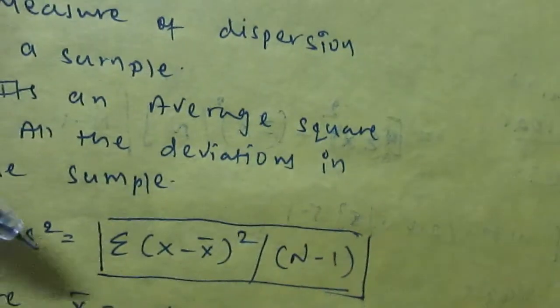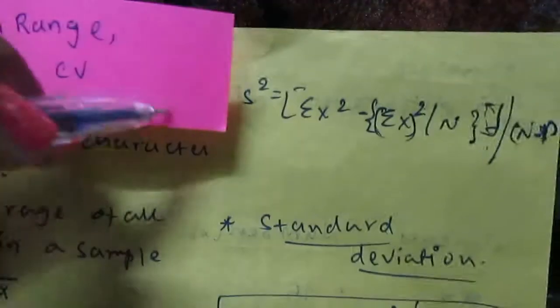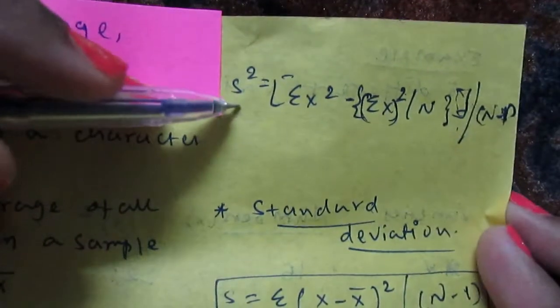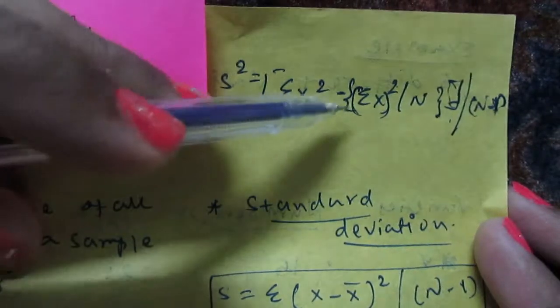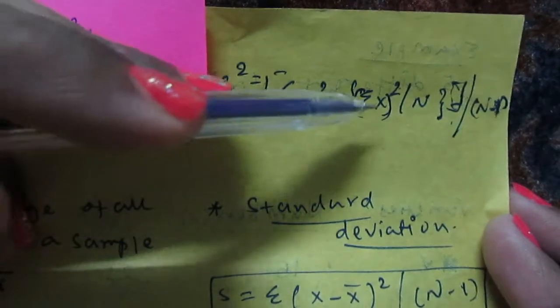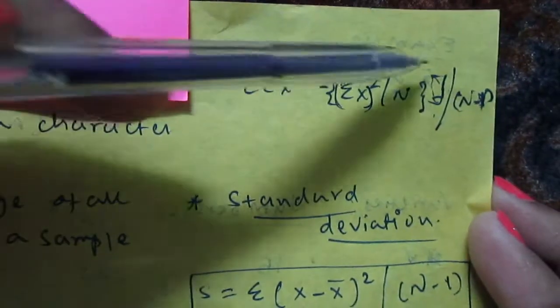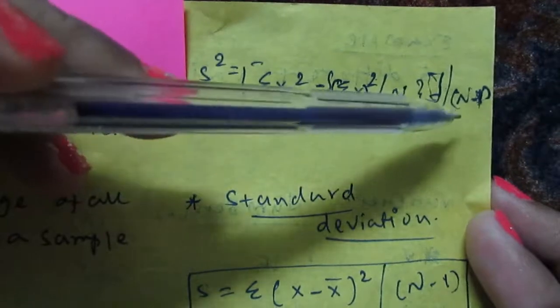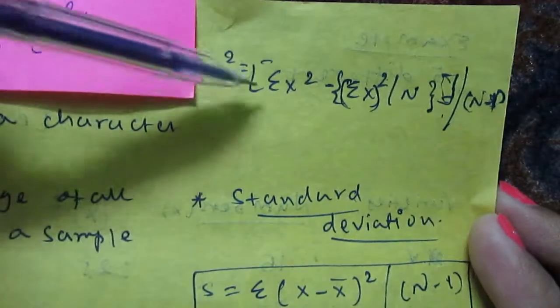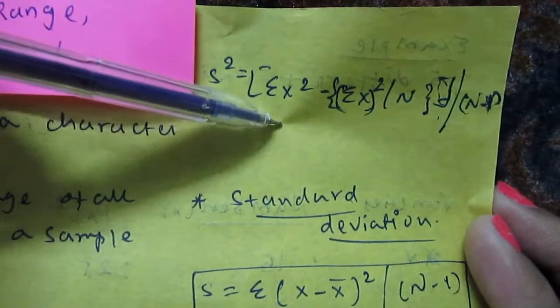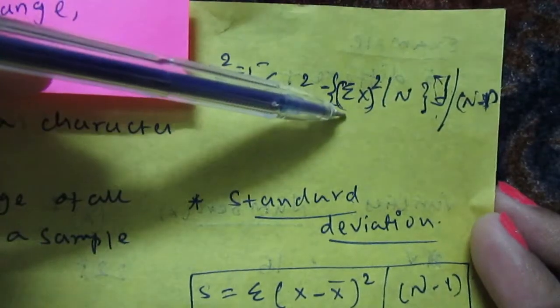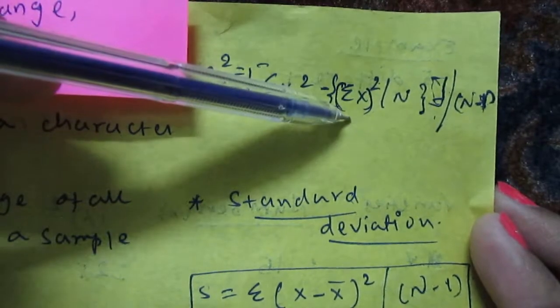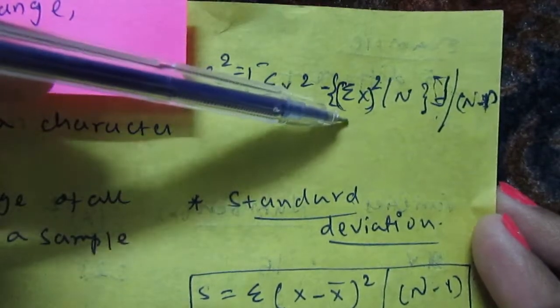If we put a value for the total variance, denoted as S square, that will be the sum of x square minus summation of x whole square divided by capital N, and this whole value is divided by n minus 1, where sum of x square is the sum of squares of all observations, whereas sum of x whole square denotes the square of the sum of observations.